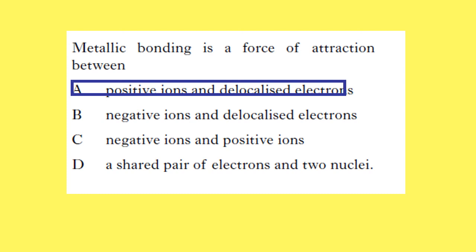And finally, we finished by looking at metallic bonding, which can only happen in metallic elements and involves the bonding between delocalized electrons and positively charged ions. We also looked at how to compare the properties of all four types of bonding: covalent molecular, covalent network, ionic, and metallic. So that finishes our course on bonding.